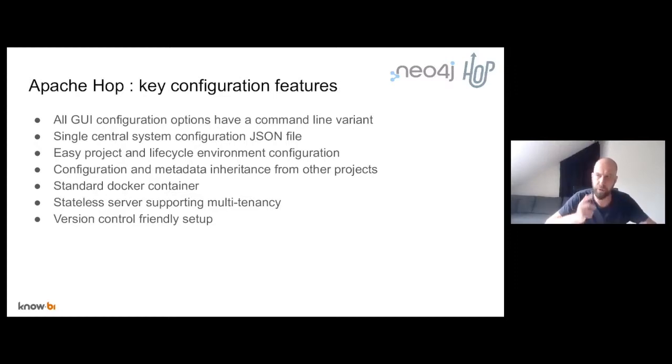We have a project and lifecycle support where you define the code in your project, so your workflows and pipelines, and additionally configure environments where you have the detailed configuration, so the host names, usernames, passwords are completely separate from the code. We have a Docker container and a stateless server, version control friendly setup, even version control from within the GUI as well. So that helps you to run Hop throughout the entire lifecycle.